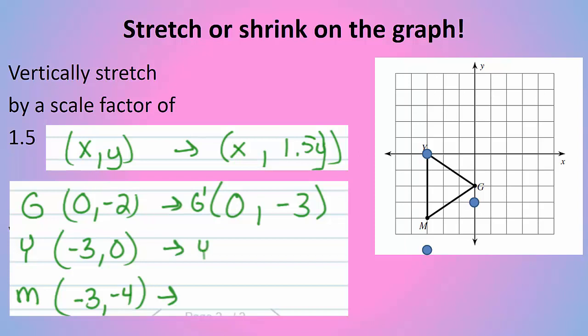Our next ordered pair, Y, we plug in the -3 for x. We multiply 0 times 1.5, which gives us 0. And our Y prime should be at the ordered pair (-3, 0).